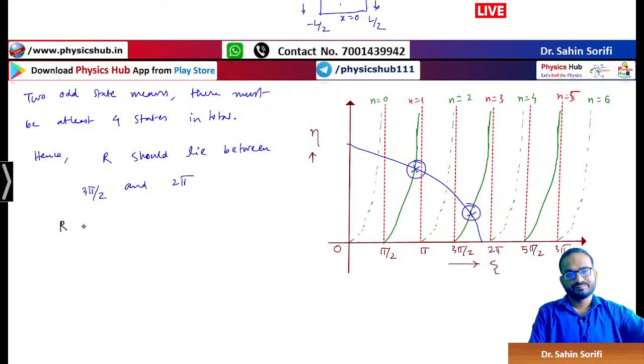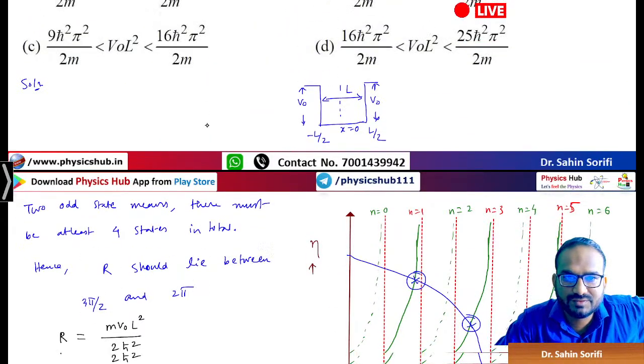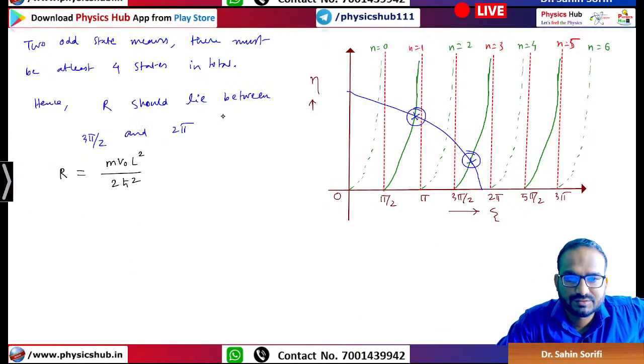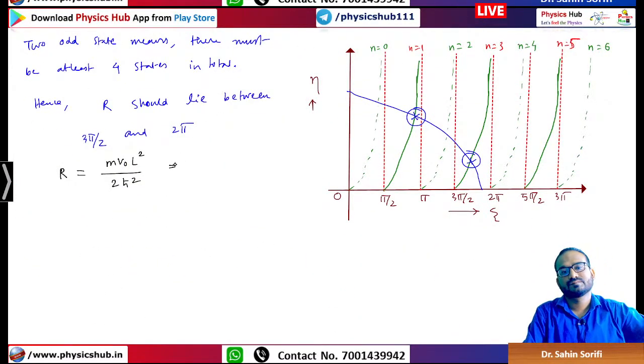Okay, R should lie between 3 pi by 2 and 2 pi. R equals, we know, m V naught L square by 2 h cut square. So in the question, you see the V naught L square condition is given. So let's extract that: V naught L square equals 2 h cut square R square by m. Now R is lying between 3 pi by 2 and 2 pi.